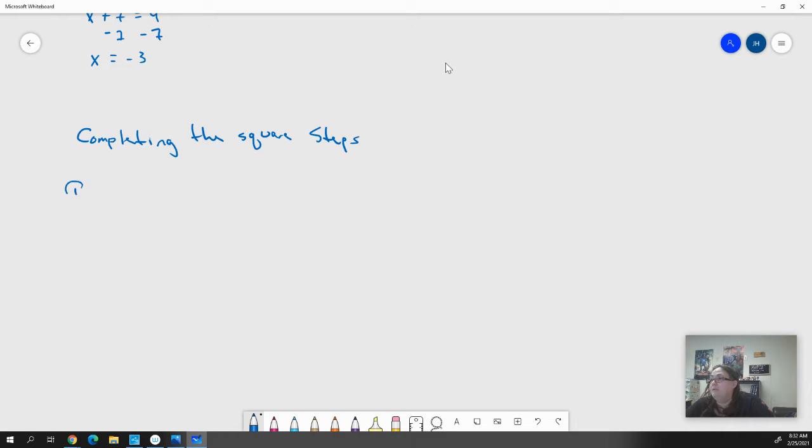Right, number one, we want to rewrite whatever we have as an ax squared plus bx equals c. Basically, it's saying we're going to move our c over. Now, don't worry about the steps till we get to them.